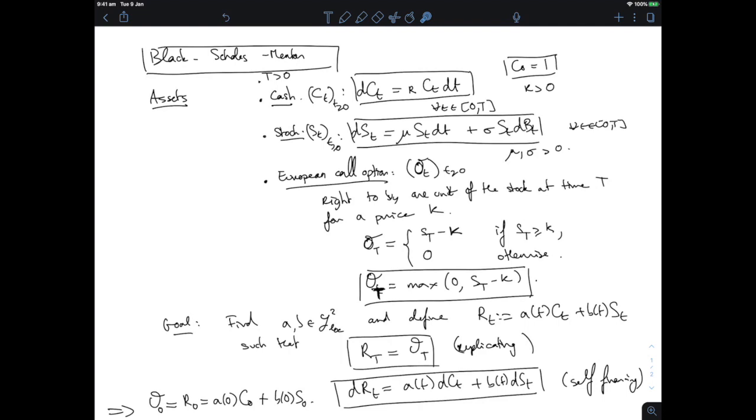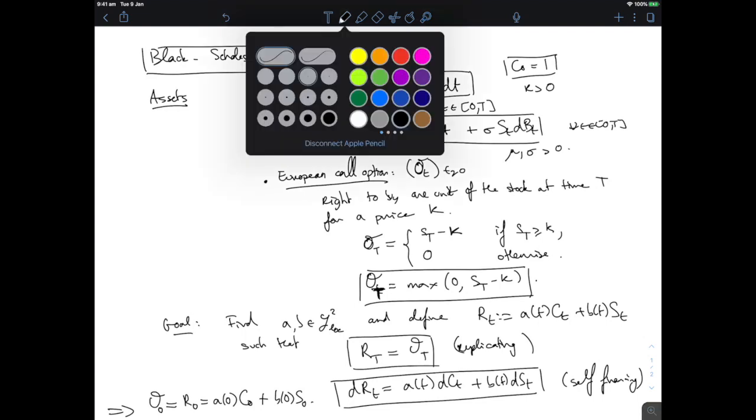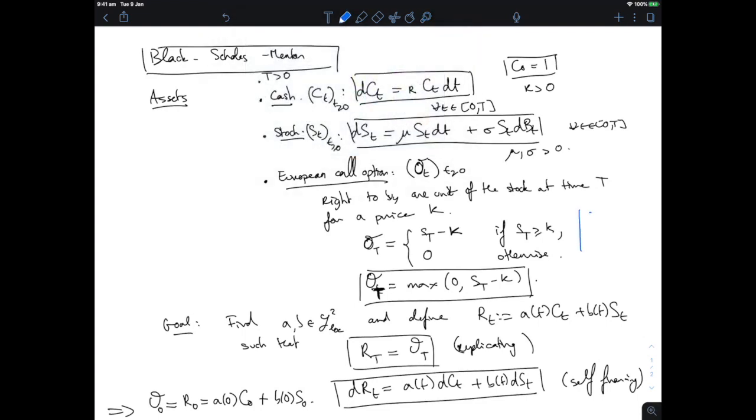So the type of options that we can deal with, as in the original paper of Black-Scholes-Merton, we're looking at the European call option, but we could be looking at all sorts of things as long as we're discussing things that are more generally some function of time and S of t, let's say for a continuous function, then our theory would apply.